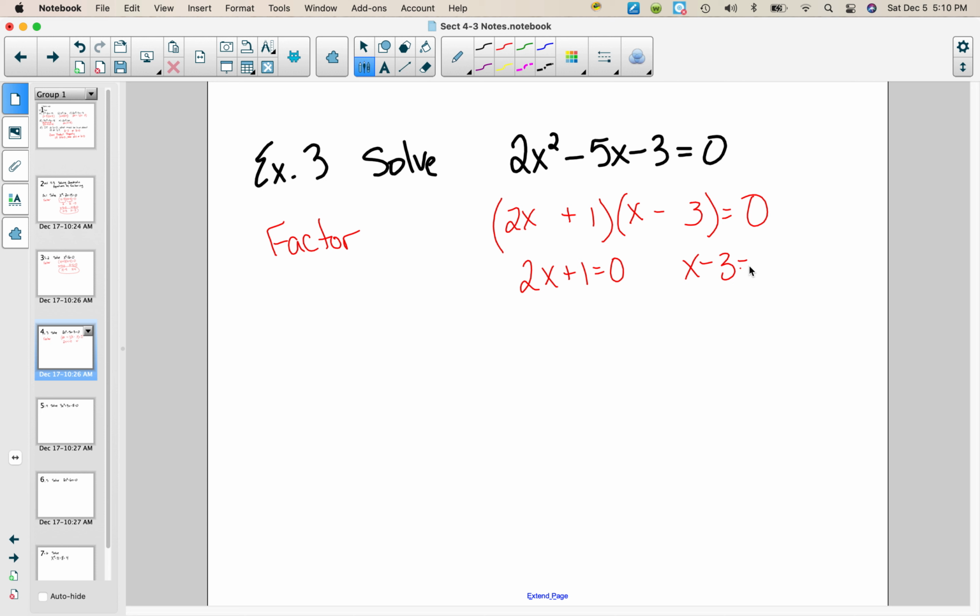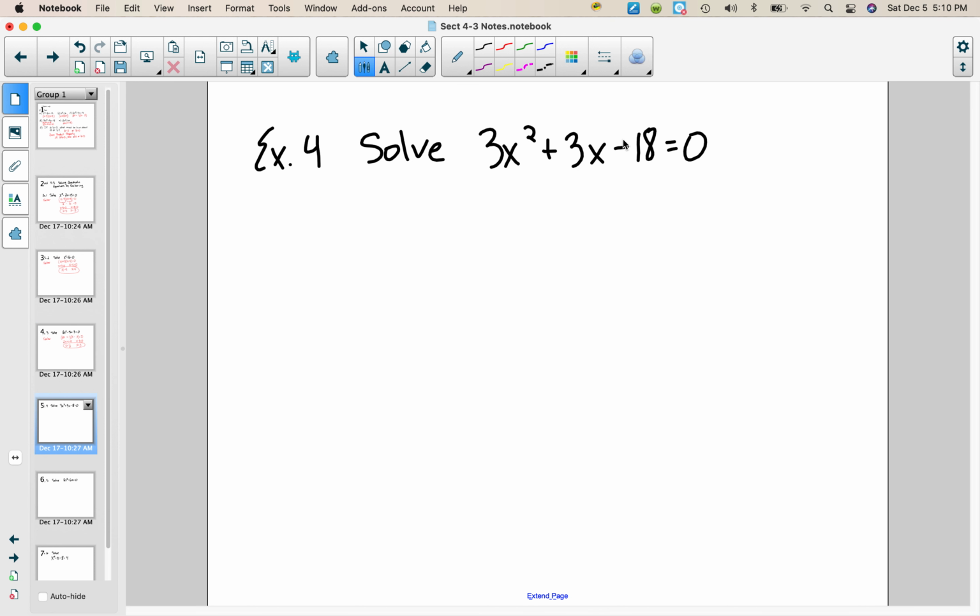X minus 3 equals 0. So here you would subtract 1 and divide by 2. Here you would add 3. These are my solutions to this equation. Again, if you graphed the related parabola, y equals 2x squared minus 5x minus 3, and found the x-intercepts, you would find they were these.